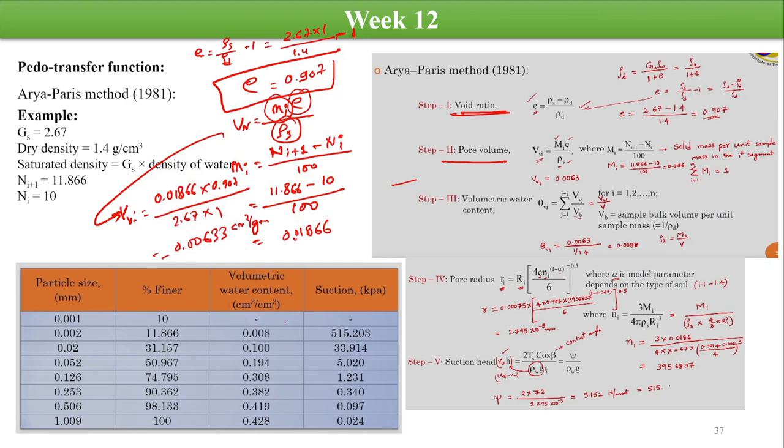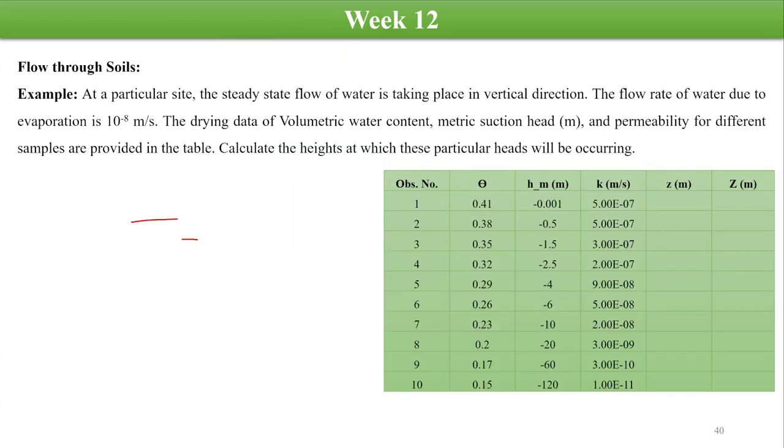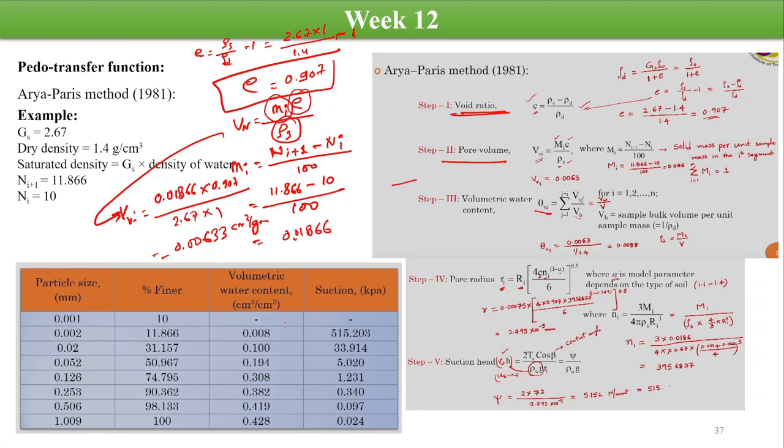Okay, so we have discussed the void ratio, then we have discussed the pore volume, and now the third thing we need to discuss is to determine the volumetric water content, the formula for which is given as theta vi is equal to the summation of Vj at every step, divided by the sample bulk volume per unit sample mass.